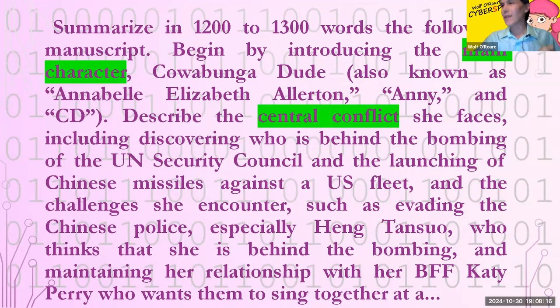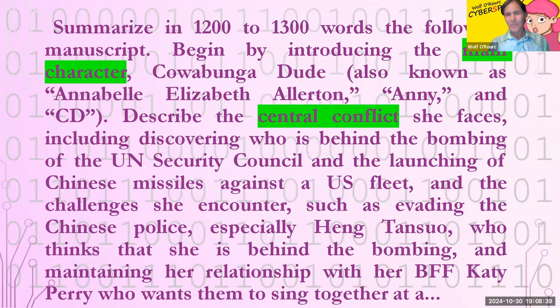Any nicknames another character uses, like her friends call Cowabunga Dude CD. Others call her Annie, like her mother. And of course, formally, she's Annabelle Elizabeth Allerton. So all that is in there, as also known as, so that the AI understands these are all the same person and it is the main character.